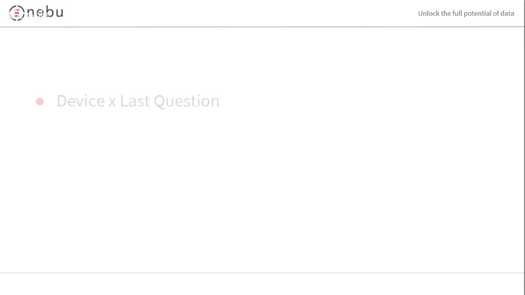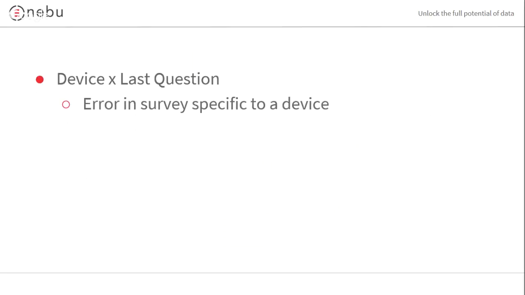By looking at the device by the last question, by doing those different cross tabs, it gives me the ability to check for errors in a survey at a specific question on a specific device. So I can try and mirror the actions of my respondent, and see whether there's something specific that's come up.